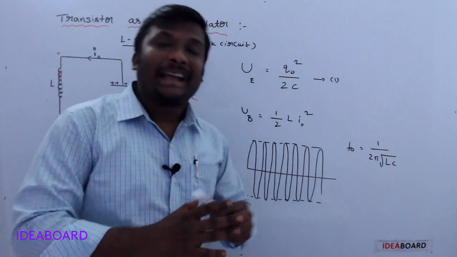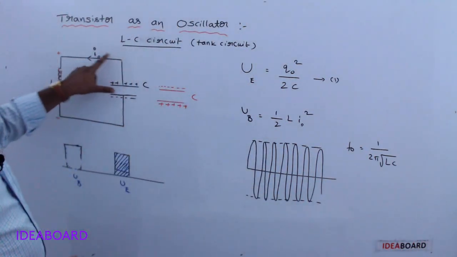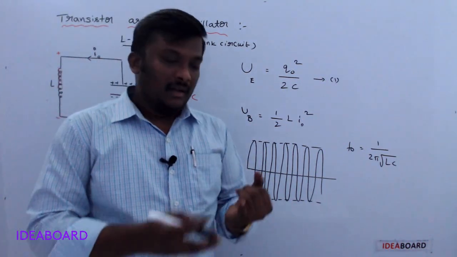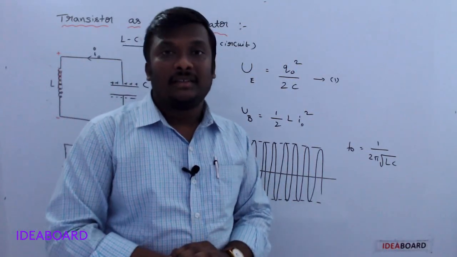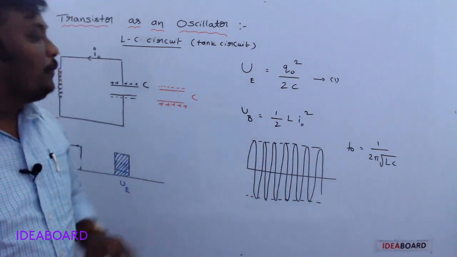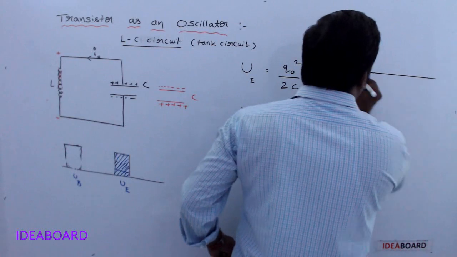But practically what happens? Practically, the conducting wire offers some resistance. The capacitor and inductor also offer some resistance. Due to this resistance, the output does not come like this. The output waveform is in this way.